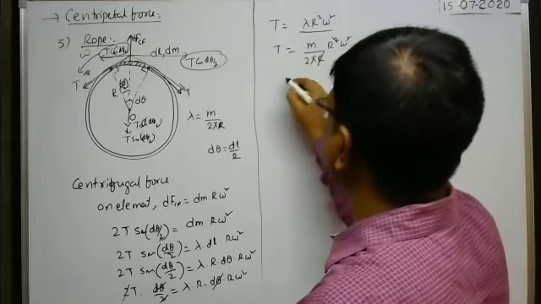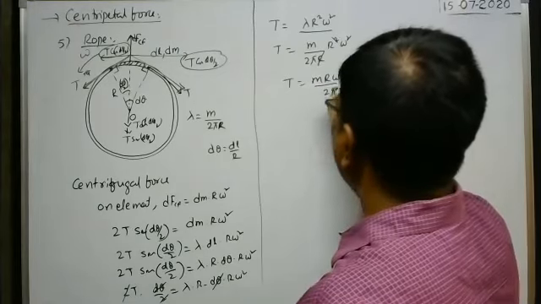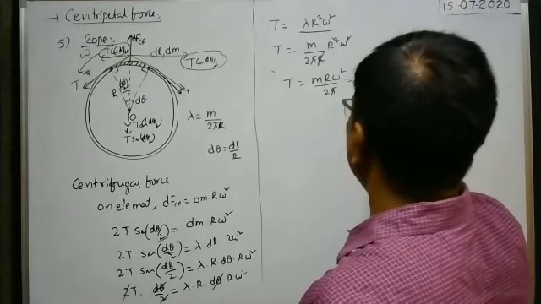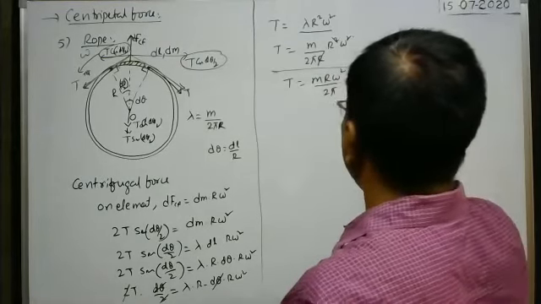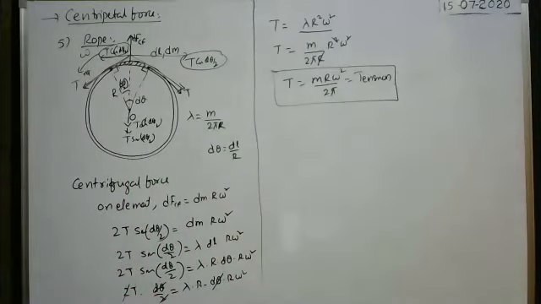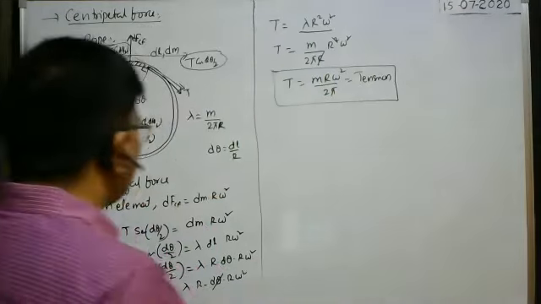Here r square cancels, no? Therefore T is equal to m r omega square by 2 pi. This is the formula for tension in the string, tension in the rope.